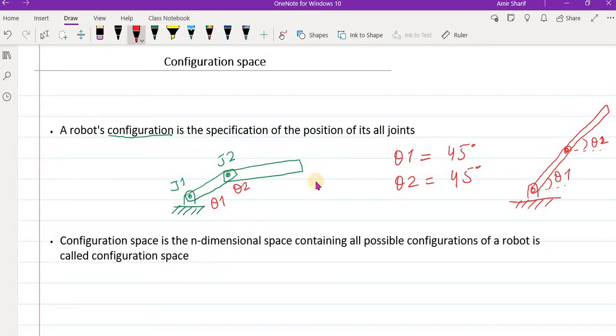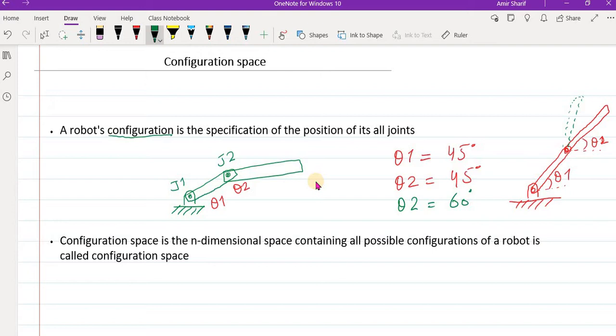But if you change this angle, if you make theta 2 equal to, let's say, 60 degrees, then this link will move somewhere like here, and now you will have a different configuration of your robotic arm.